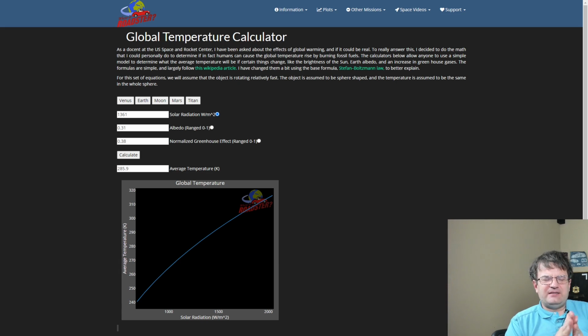And fundamentally behind this is something called black body radiation. Now, black body radiation basically means that everything that has a temperature will radiate some kind of heat out into the universe.